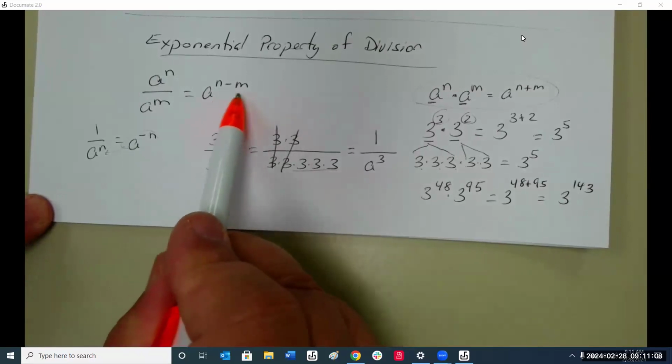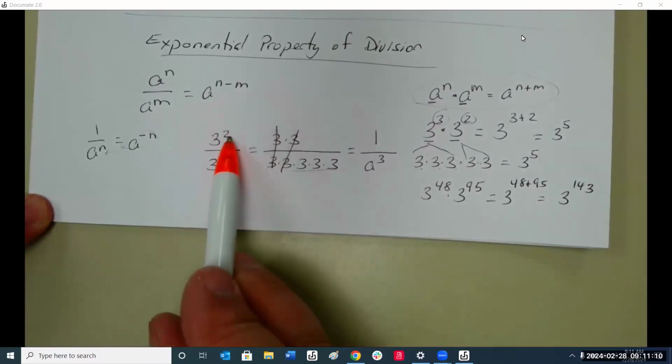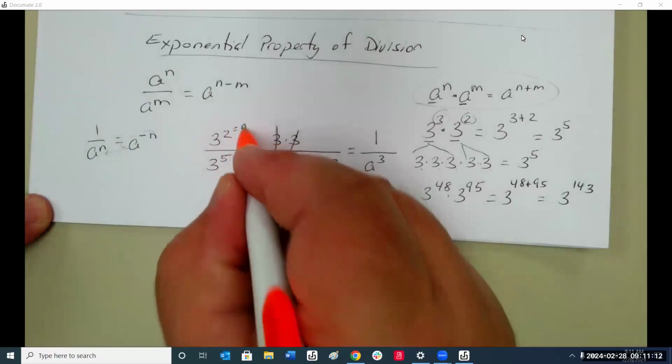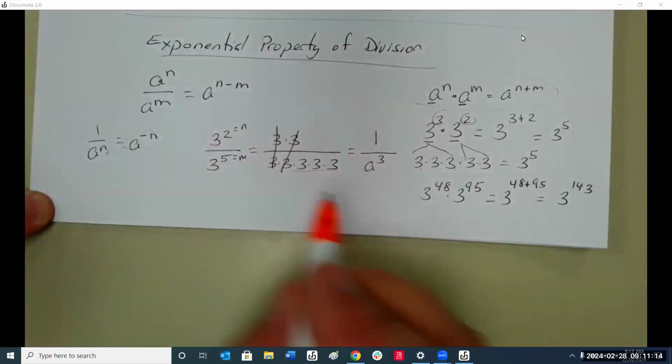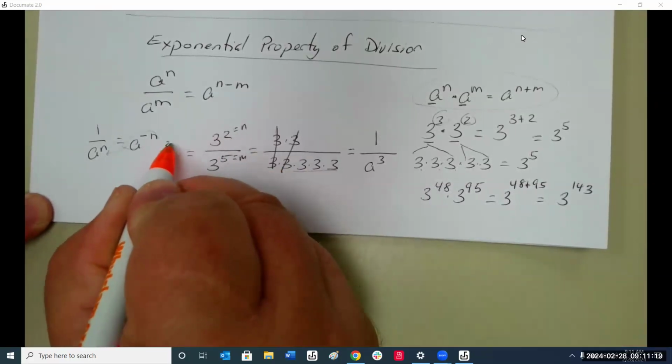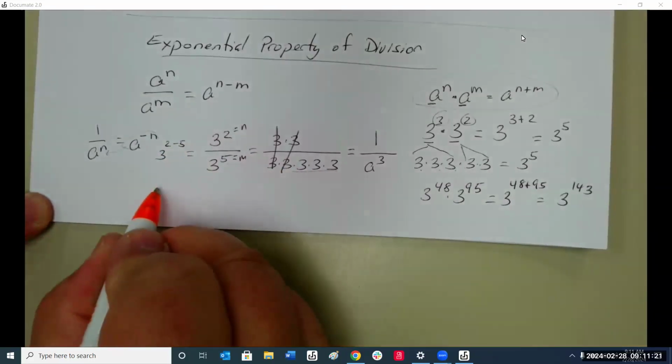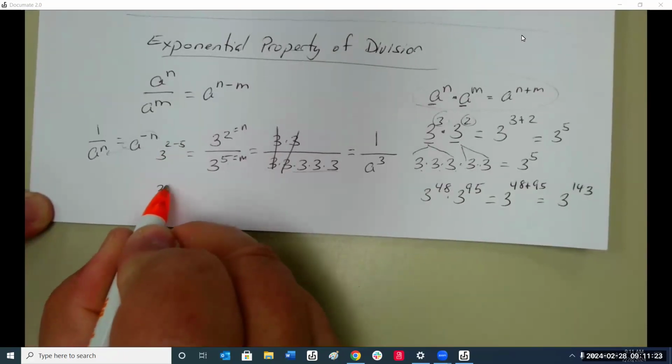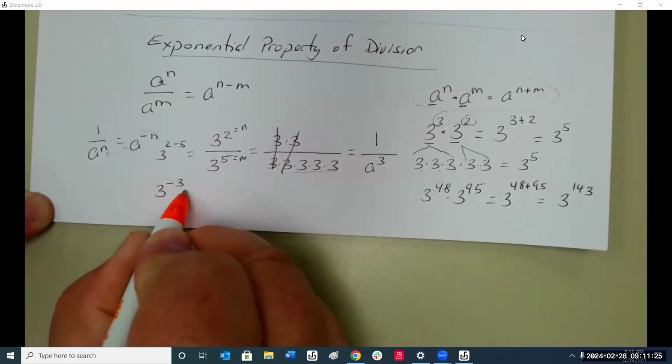But now what if I use this rule with these numbers? This is n and this is m. I would have 2 minus 5. What is 2 minus 5? Negative 3.